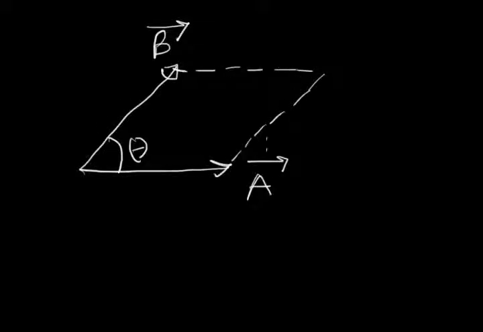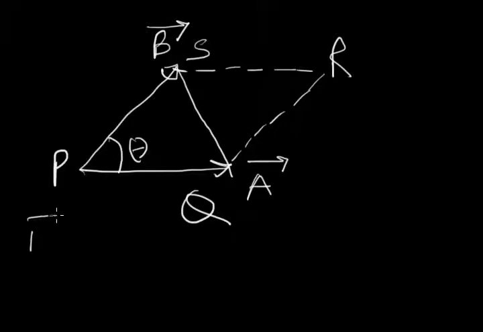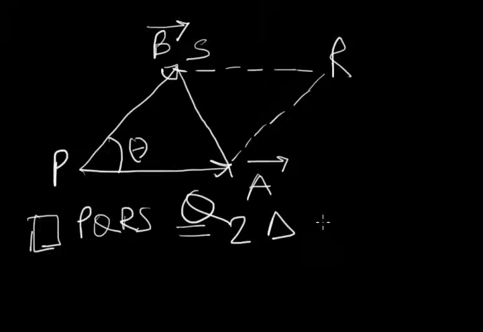So the area of this parallelogram that we have drawn just now is nothing but the cross product of A and B. If I make this PQRS, and I join this, then I hope you understand that the area of PQRS is equal to twice the area of the triangle PQS, which we have drawn as P, Q, and S.